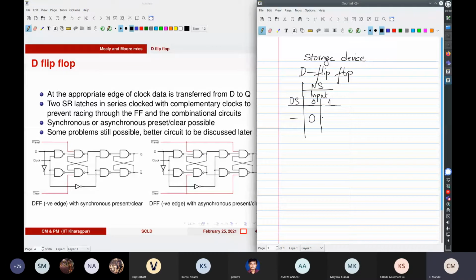If your input is 1, the next state is 1. This is the behavior of the D flip-flop. It is often represented like this.